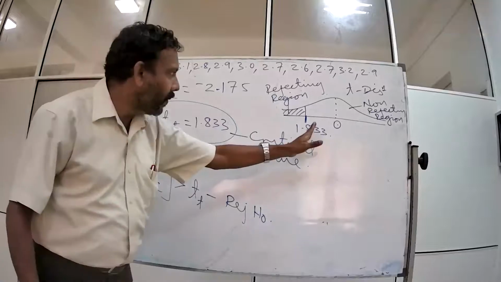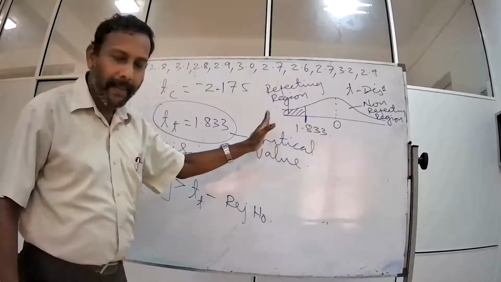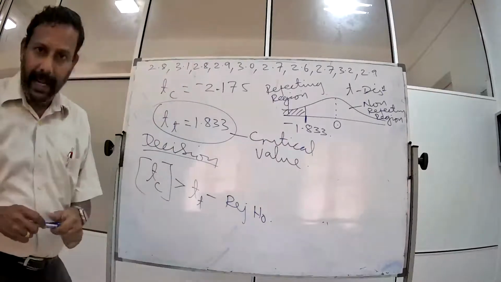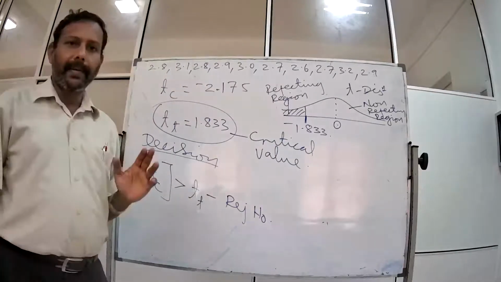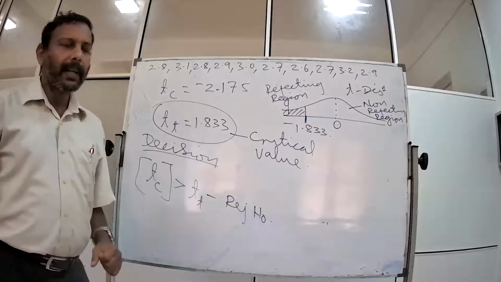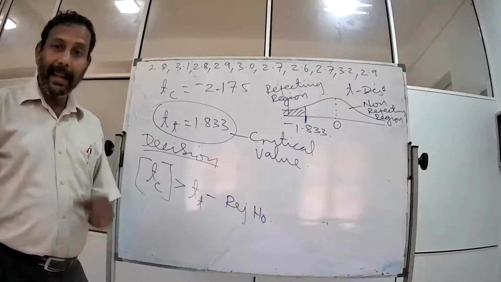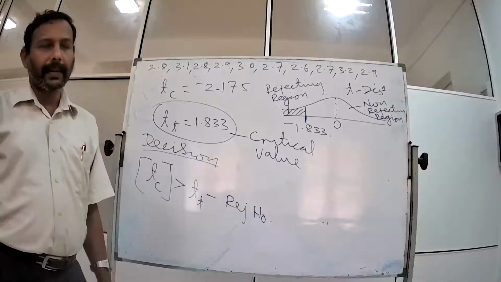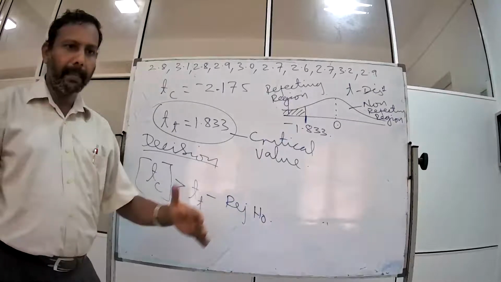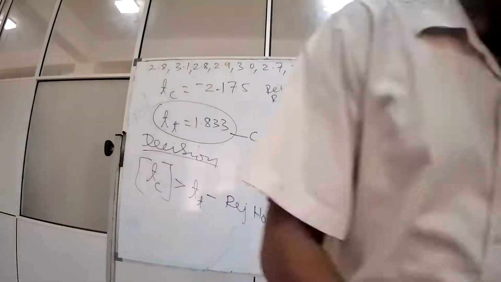Any value less than minus 1.833 can be rejected. Is it clear? Any value less than minus 1.833 could be rejected.